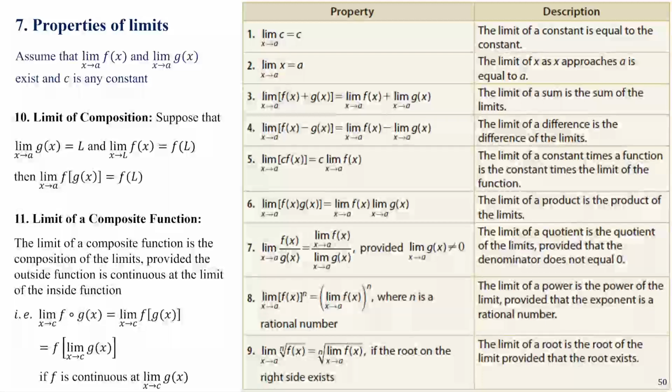Which also means the limit of f(g(x)) when x approaches c gives you f of the limit of g(x) when x approaches c, if f is continuous at the limit of g(x) when x approaches c. Also note that for all the properties here, we assume that the limit of f(x) when x approaches a and the limit of g(x) when x approaches a exist, and c is any constant.